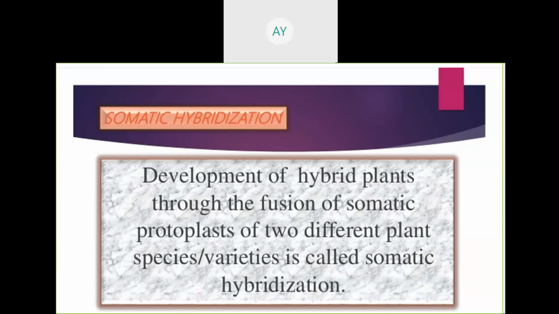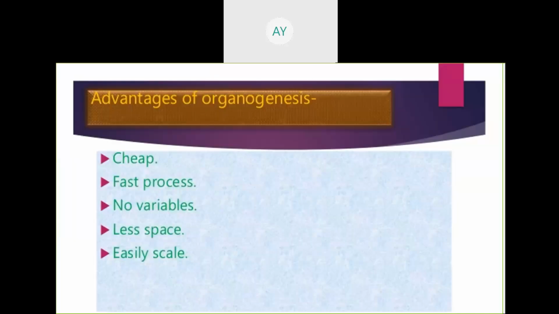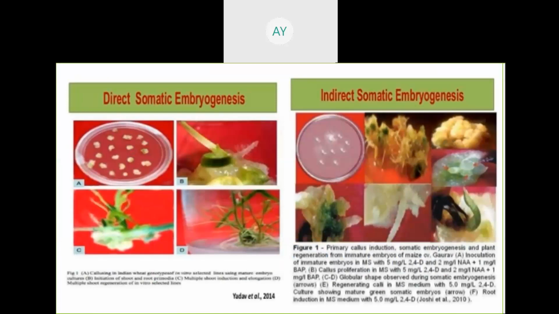So the objective is to rapidly multiply the plant or plant organs. A plant organ can be root part or stem part or leaf part, any part, through organogenesis. It was first reported by whom? Somatic organogenesis was first given by Skoog and Miller. And somatic embryogenesis was given by whom? I told you, you don't remember?